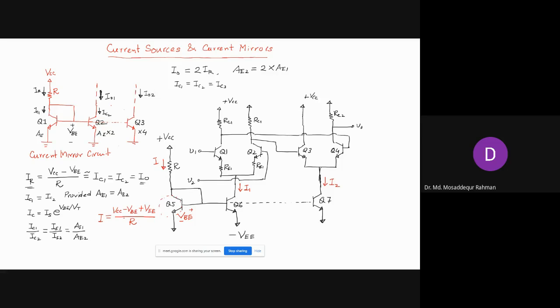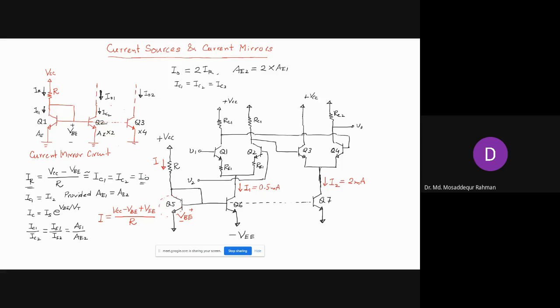So that will be the current. By adjusting this value of resistance R, we can set the current as we need, which is suitable for us. Let's say this current is 0.5 milliampere, and here we want 2 milliampere. So a little bit lower current to have high input resistance, and higher bias current to have high gain.